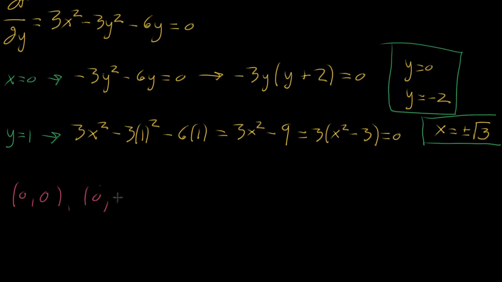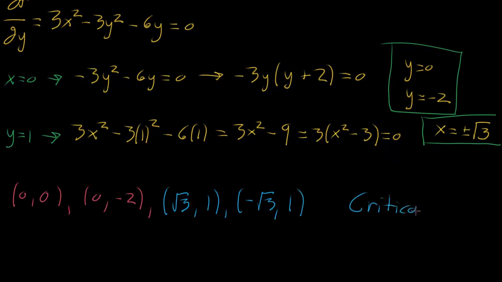And then there's another 2 possibilities where, when y is equal to 1, we'll have x's positive or negative square root of 3. So we have positive square root of 3 and y equals 1, and then we have negative square root of 3 and y equals 1. So these are the critical points, which basically means all partial derivatives are equal to 0. And then in the next video, I will classify each of these critical points using the second partial derivative test.